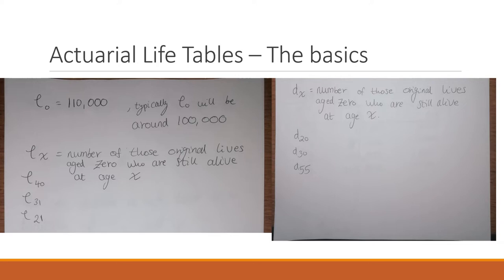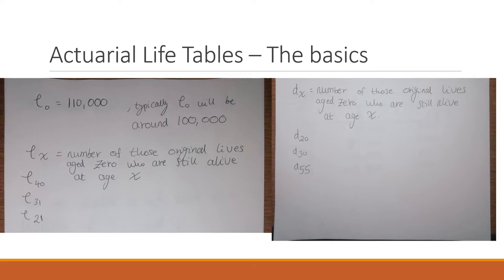In general, Lx is the number of original lives aged 0 who are still alive at age x. So for example, L40 would be the number of lives alive at age 40 from the original 110,000. That 110,000 is the sample we're going to build our data from in constructing our life table.